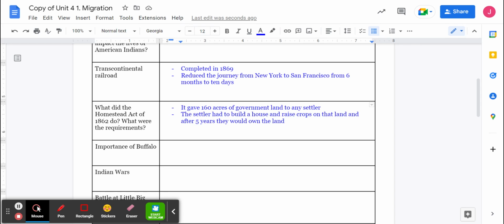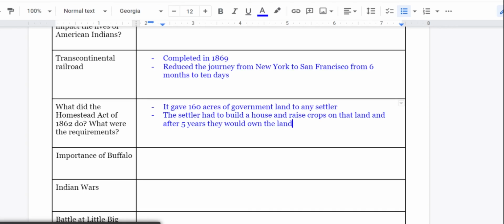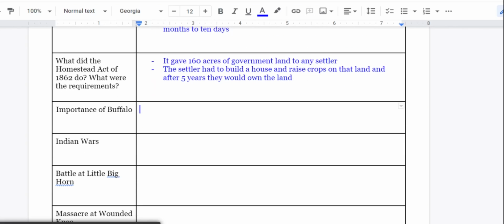And now these tracks actually went through a lot of American Indian land as well, and a big part of that was building through all of this land. You had buffalo. Now, what did the American Indians do with buffalo? Well, they actually hunted them. So first off, buffalo meat was the main form of food for the Native Americans.